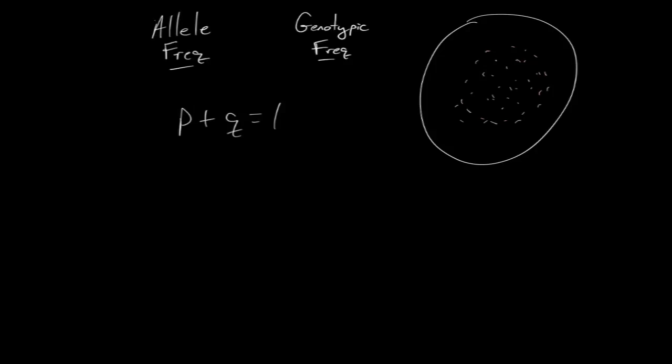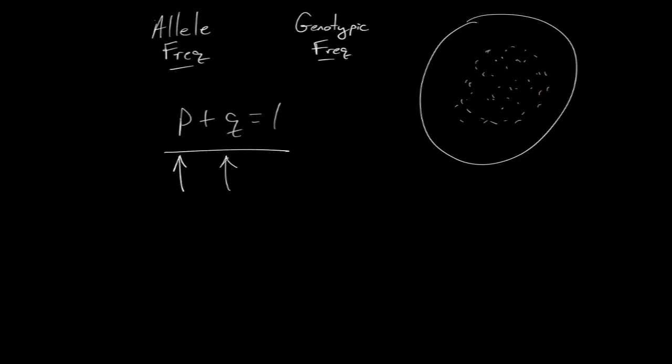So there's this pool of alleles in that population. If you know the allele frequency of one of the two, then by definition you know the other.